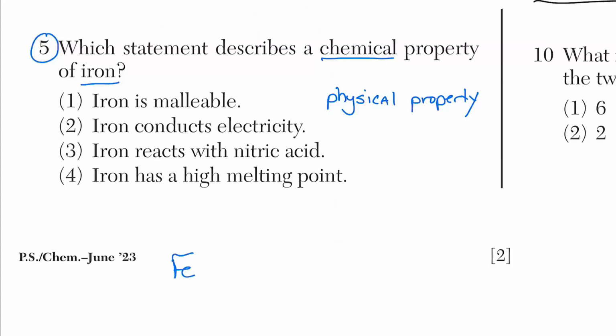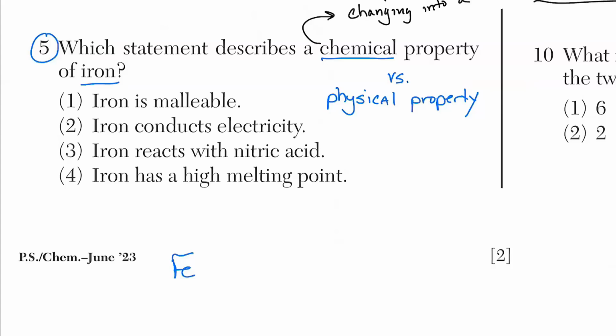And because this is a multiple choice question, my friends, in chemistry, you can always figure out which one is the one that's different. But the chemical property is one about changing into a new substance.